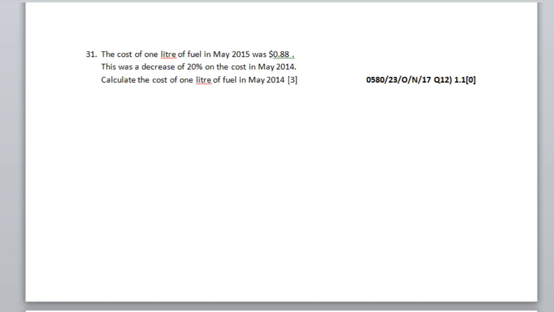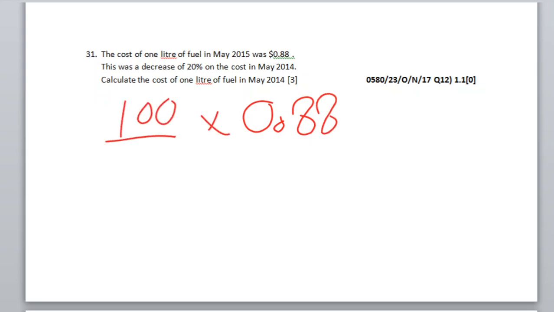Question number 31. The cost of 1 liter of fuel in May 2015 was $0.88. This was a decrease of 20% on the cost in May 2014. Calculate the cost of 1 liter of fuel in May 2014. So again, a question of reverse percentage. For that, with 0.88, you multiply 100 over a decrease of 20% means 80.